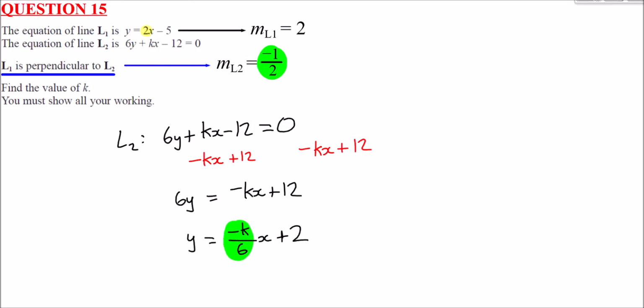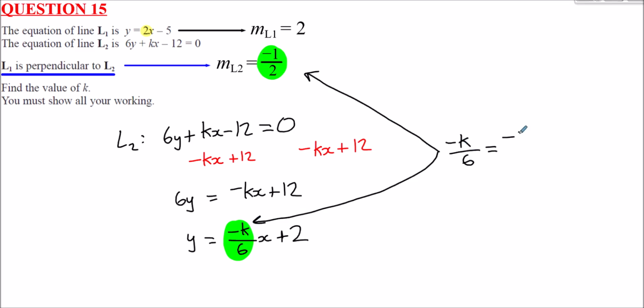So from both these bits here, we can conclude that minus k over 6 must be the same as minus 1/2. So if I multiply both sides by 6 to get rid of that fraction, minus k is minus a half multiplied by 6.